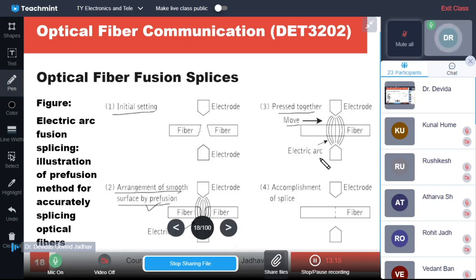One is fixed, the other is moved, and the electrical arc is provided. The arc is initiated, the current is started, and that fuses the fibers, and the fibers get connected. Then the arc is removed, and the splice is accomplished after cooling. So these are the steps.